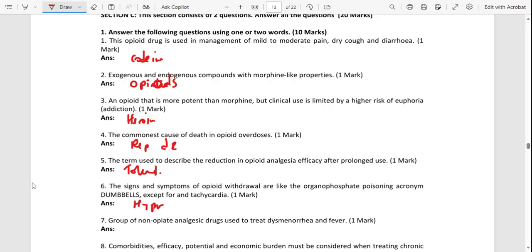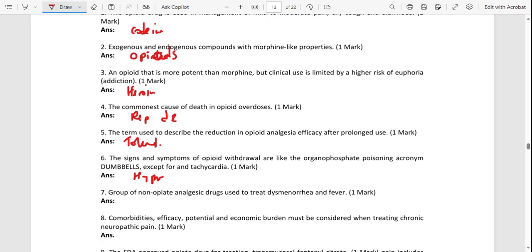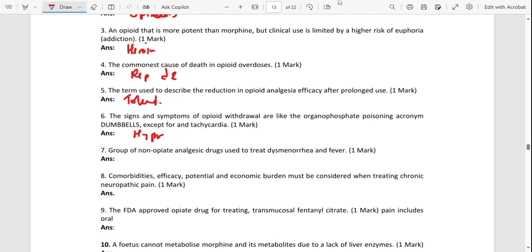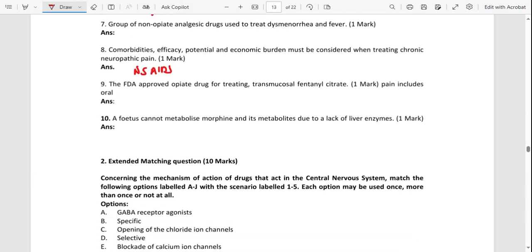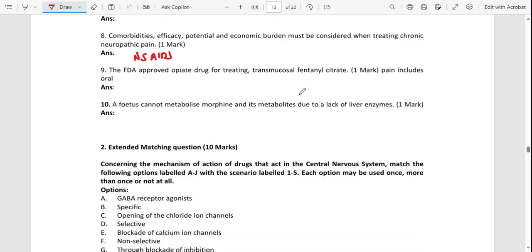Group of non-opioid analgesic drugs used to treat dysmenorrhea and fever. So for dysmenorrhea, pain during menses, and fever, you use NSAIDs.